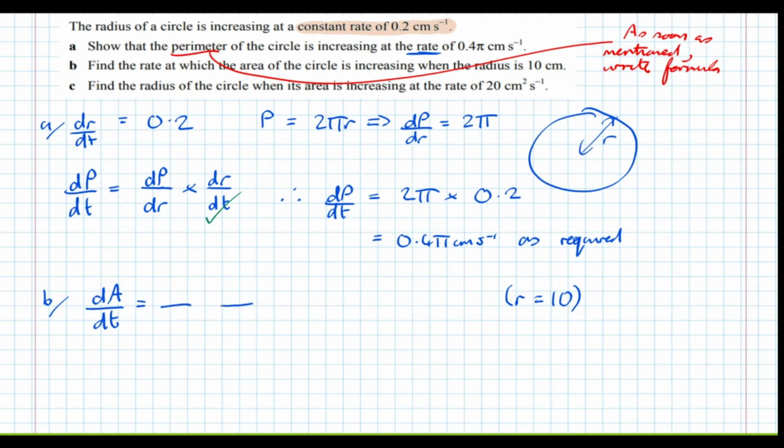So what I'm going to have to find is this differential indirectly by timesing together two differentials, one with a dA on the top, one with a dt on the bottom, and fill with the letter we haven't yet mentioned. That's going to cancel. Also, before we get into anything else, we know a formula that connects A and r, pi r squared.